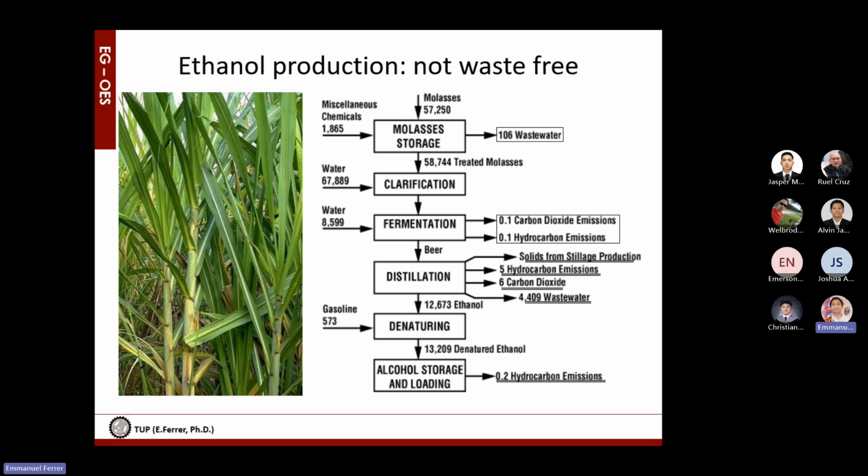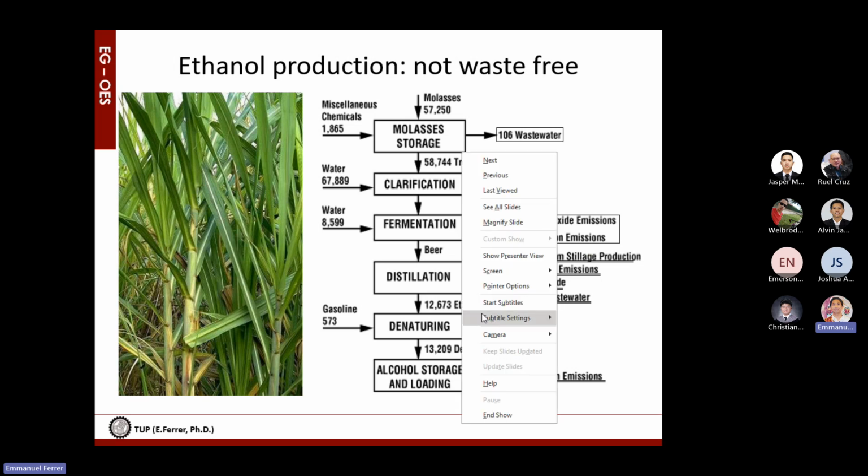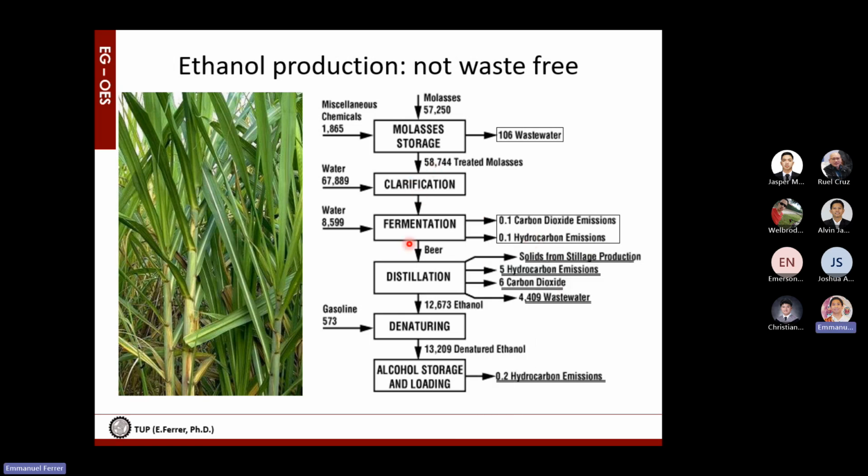But the molasses is stored and used for the production of ethanol. So from molasses storage to clarification, of course you need to ferment it to produce alcohol and carbon dioxide.